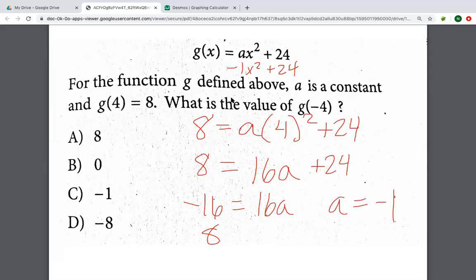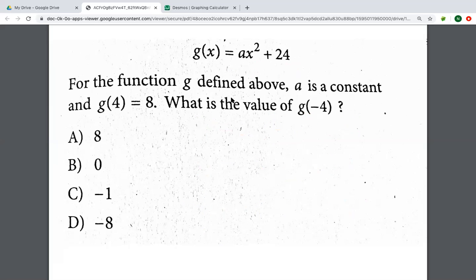Now, what I recognized about this type of problem is, do you guys see how this function up here does not have a middle term? Sure. So if it doesn't have a middle term, what does this plus 24 do to the equation?